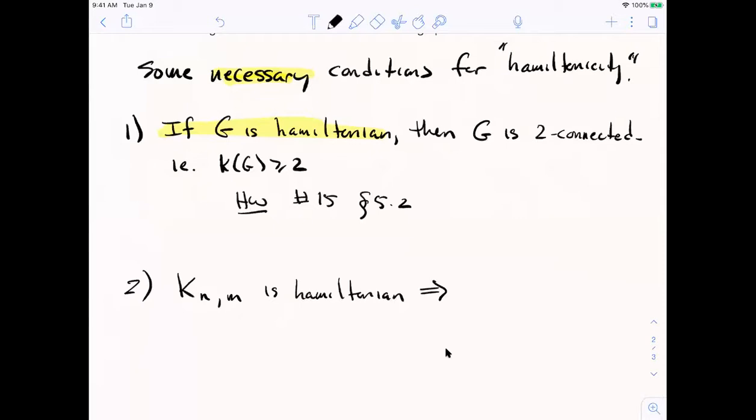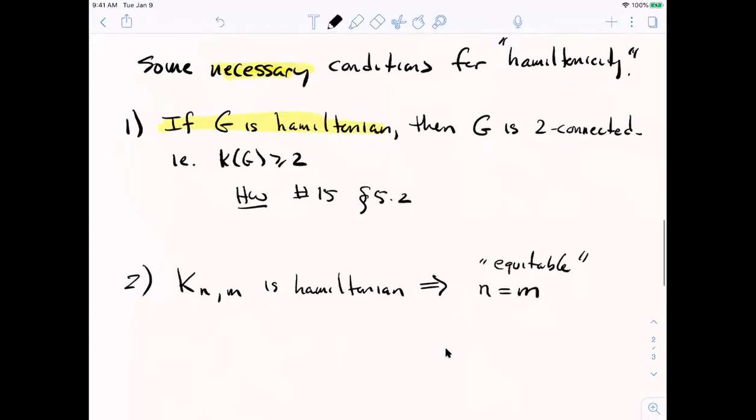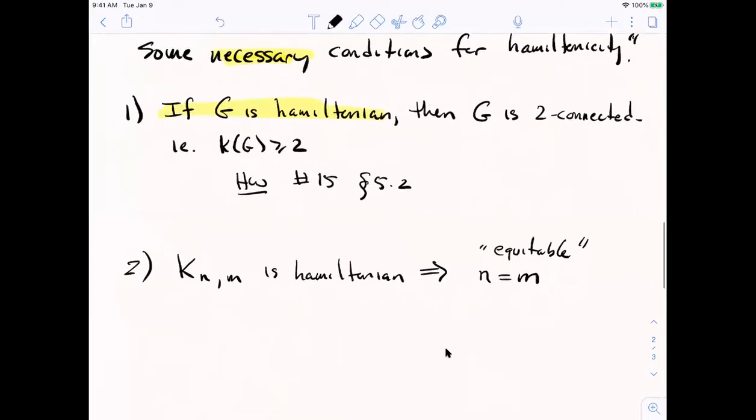Remember, we would call that an equitable bipartite graph. Equitable in the sense that the two parts, the two sets that make up the bipartite graph, in this case n nodes and m nodes, have to have the same size. So the only way you can have a Hamiltonian complete bipartite graph is if it's equitable.